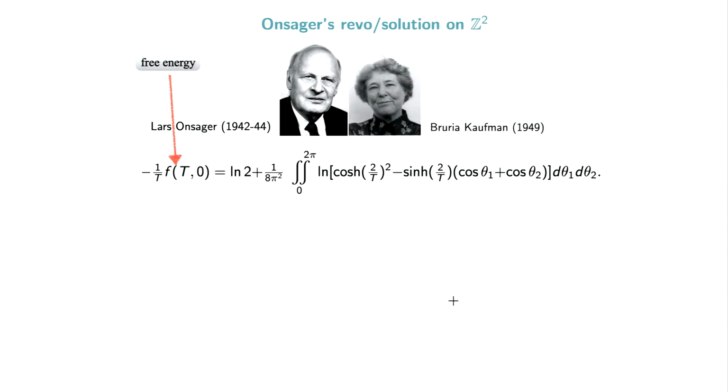And by the way, the derivation is quite complicated in the original paper. It was simplified by the postdoc of Onsager, Bruria Kaufman, a few years later. And from there, it's a beautiful odyssey, because there have been many different derivations of this formula.